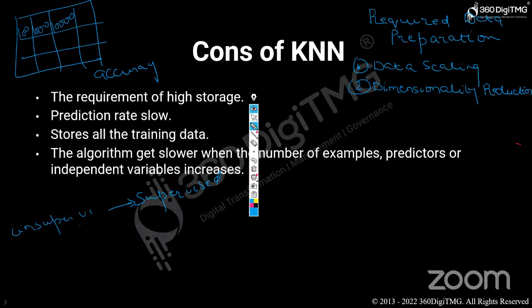Most of the instances we need to do that. Dimensionality reduction. KNN may not work well if there are too many features. Hence, dimensionality reduction techniques like feature selection, that is nothing but your PCA, principal component analysis, can be implemented. So what will happen?